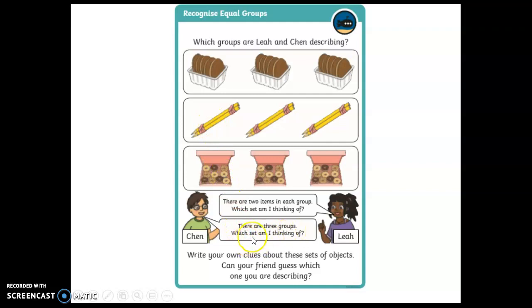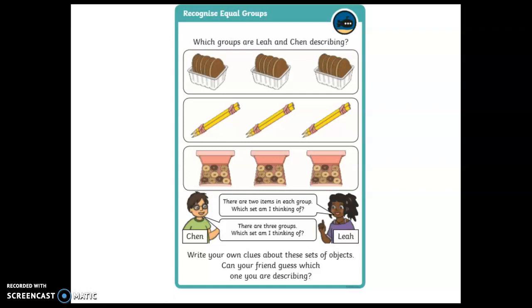Chen says there are 3 groups. Which set am I thinking of? Now that's changed because we're looking at how many groups there are now. How many groups are there? 3. There are 1, 2, 3 there, 1, 2, 3 there, and 1, 2, 3 there. So sometimes questions might ask for 2 answers, or they might ask for another step.